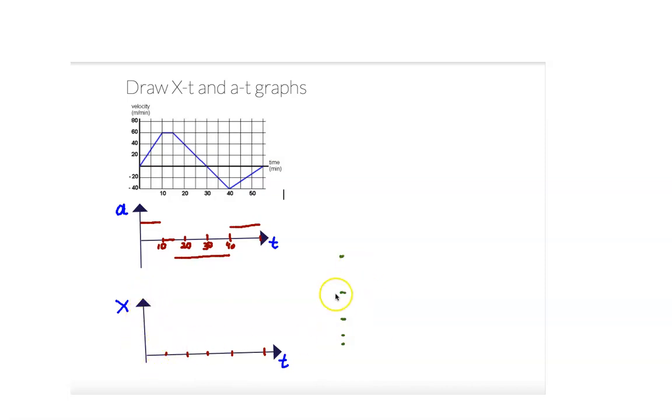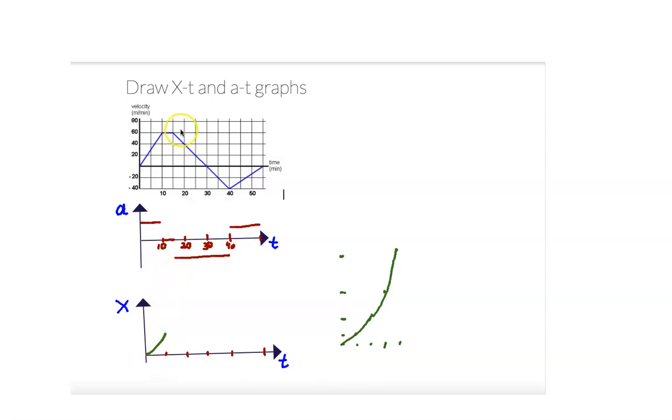So if I put these dots on this axis and I connect them with the equal time intervals, this goes here, and from this time interval it goes here, and from another equal time goes here. So I can see that the shape of my position time graph is the parabola of that shape. So I can draw it like this here.